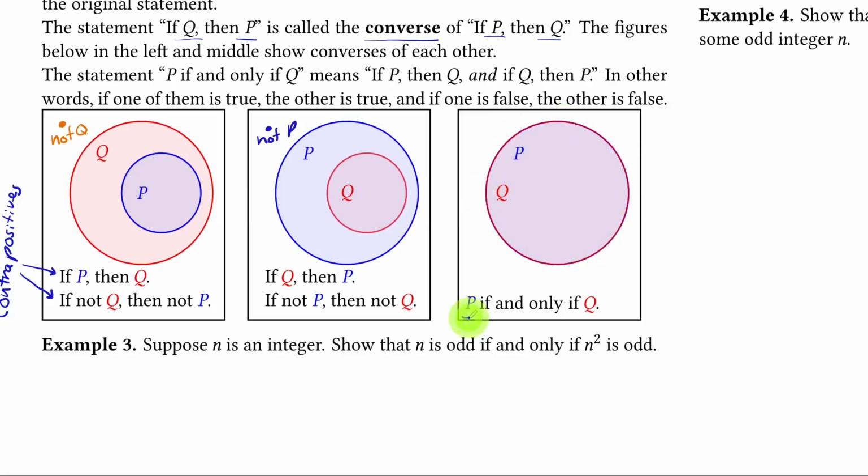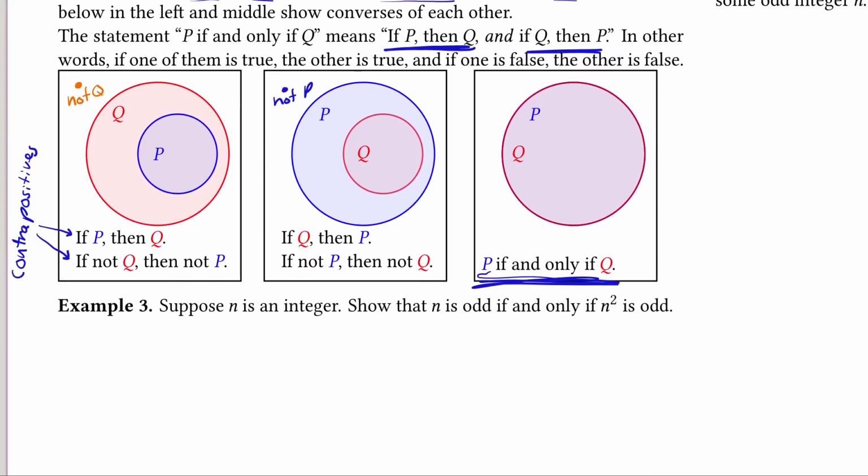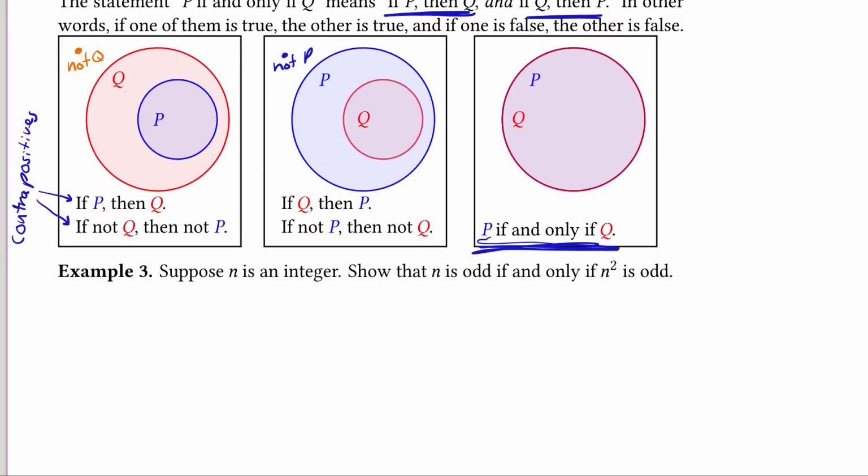Now, to prove P if and only if Q, you usually have to prove both parts of it, both if P then Q and its converse. There are some times where you can write a proof with a bunch of if and only if statements you can connect together, but usually you have to prove if P then Q and also if Q then P. Okay, let's look at example 3.